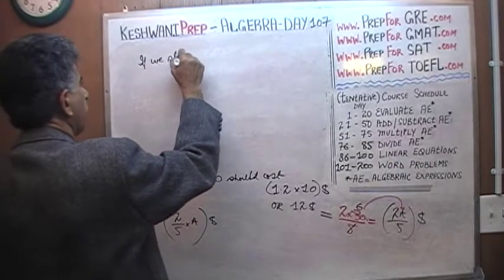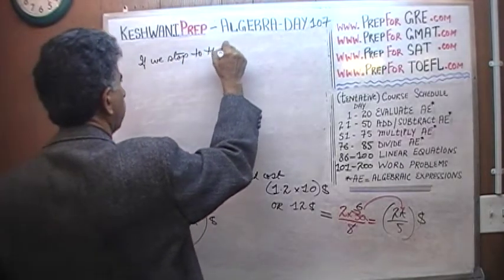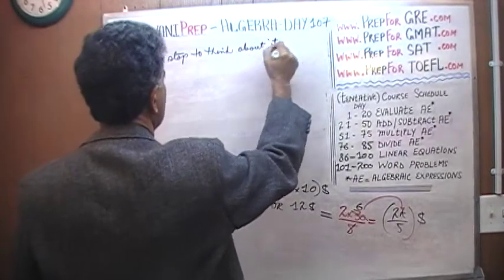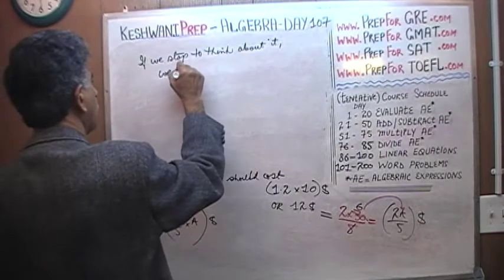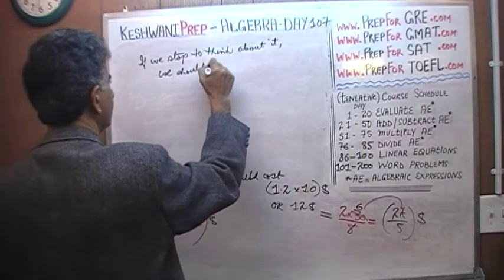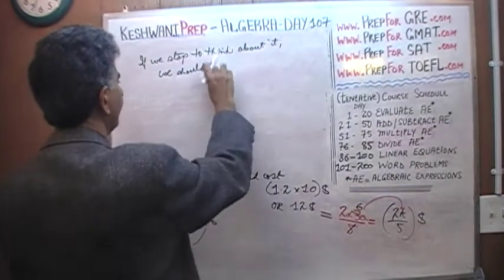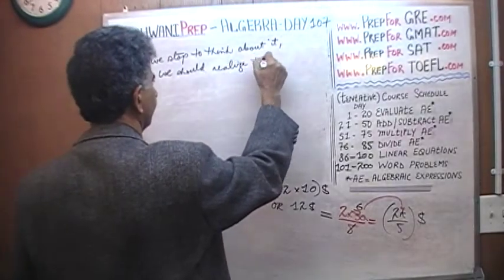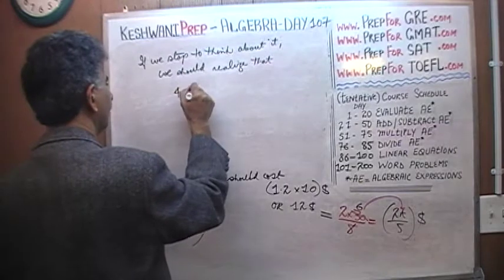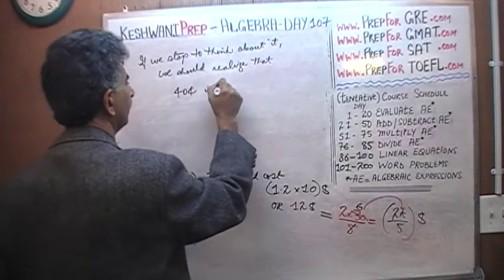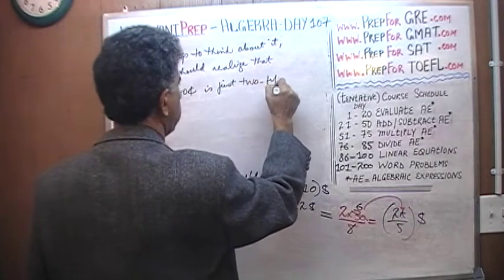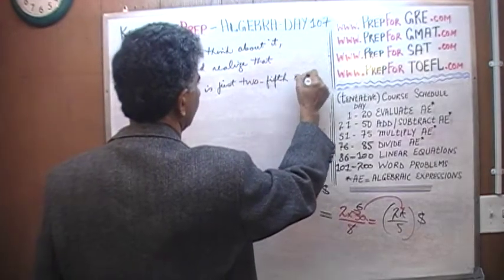If we stop to think about it, we should realize that 40 cents is just 2/5 of a dollar.